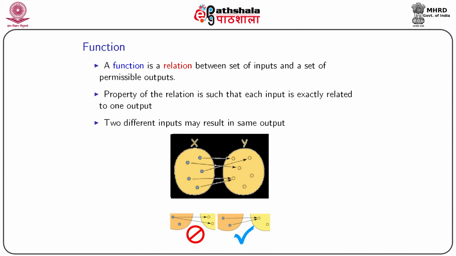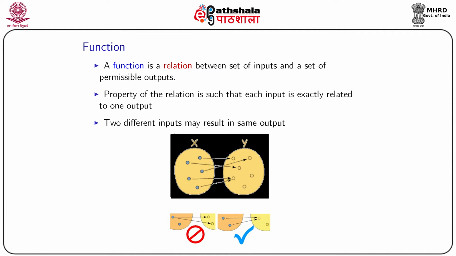A function is a relation between a set of inputs and a set of permissible outputs. That means that whenever we have something as output, it has some inputs, and we want to find the relationship in terms of function. And this property of relation is such that each input is exactly related to one output.